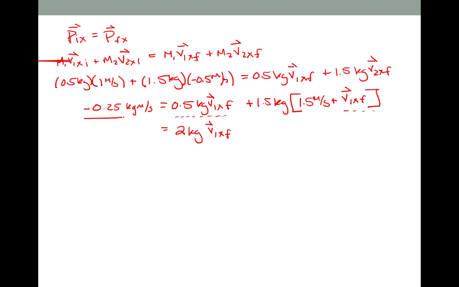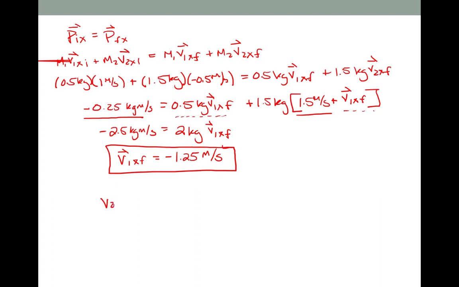I have two terms that don't involve V1x final, the negative 0.25 kilogram meters per second on the left-hand side and the 1.5 kilograms times 1.5 meters per second on the right-hand side. When I combine those, I get negative 2.5 kilogram meters per second, which gives me that V1x final equals negative 1.25 meters per second.